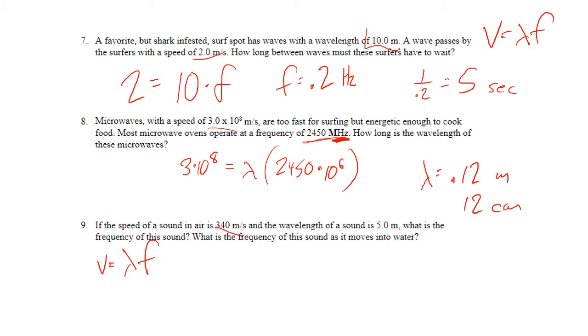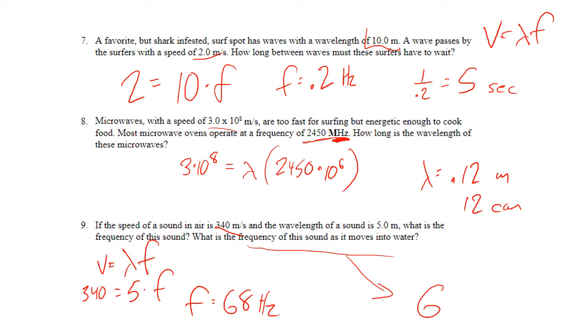Our speed is 340, and that's going to equal our wavelength, 5, times f. So the frequency is going to be 340 divided by 5, which is 68 hertz. What's the frequency of the sound as it moves into water? It's going to be 68 hertz because frequency does not change.